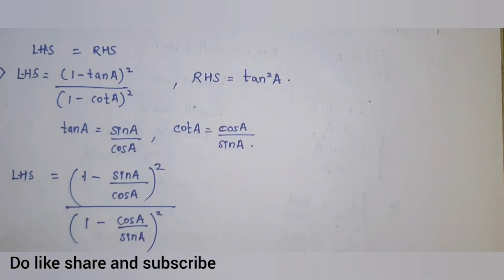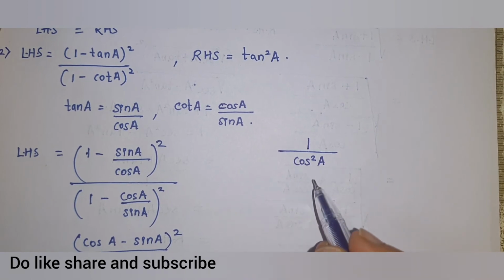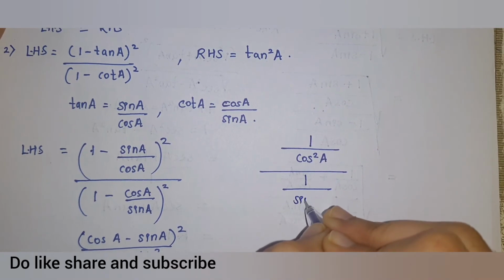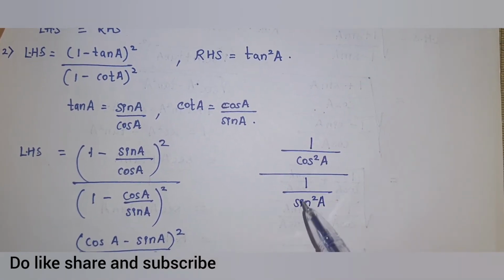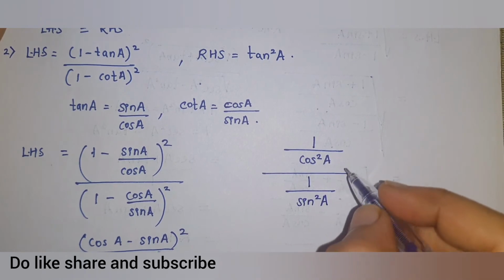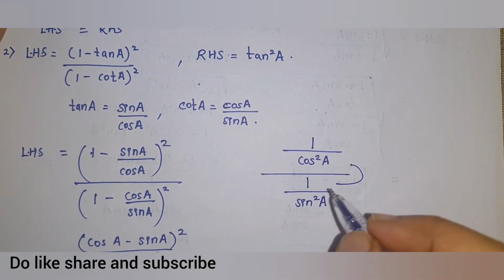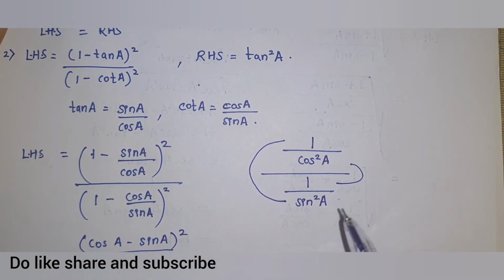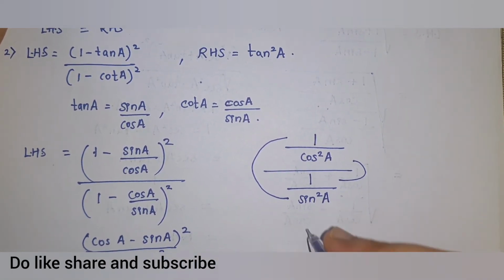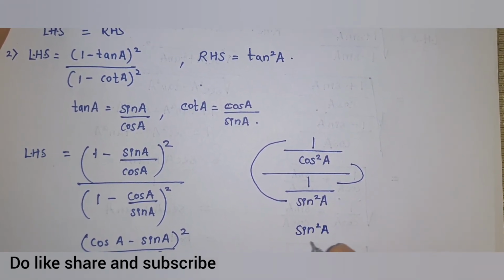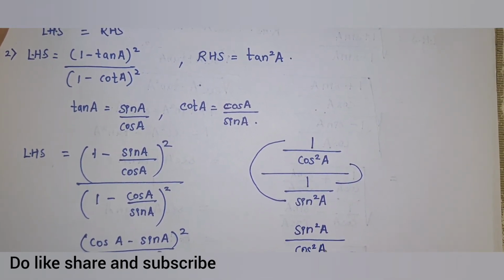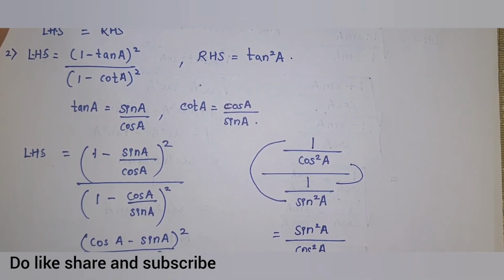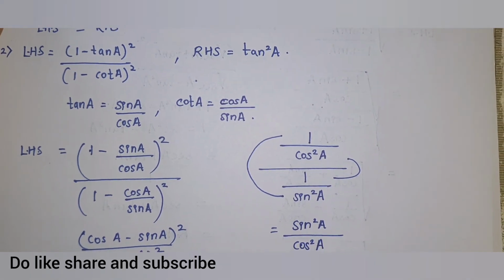So finally we will get 1 upon cos²A completely divided by 1 upon sin²A, as we have taken this square inside the bracket. So this one will multiply to cos²A, and sin²A will be multiplied in the numerator, so we'll get sin²A divided by cos²A, that is equivalent to tan²A. So this is our RHS.